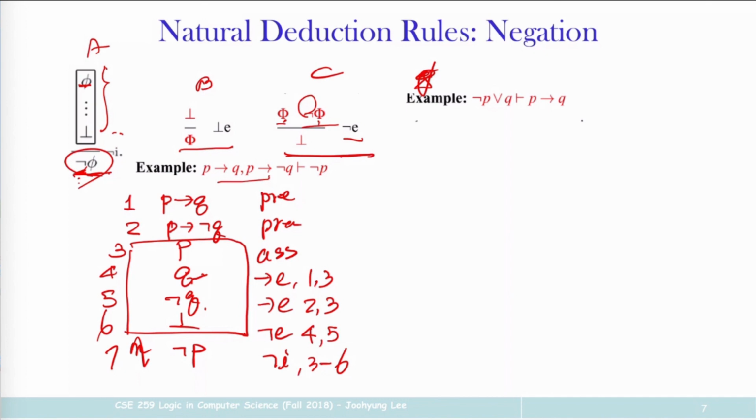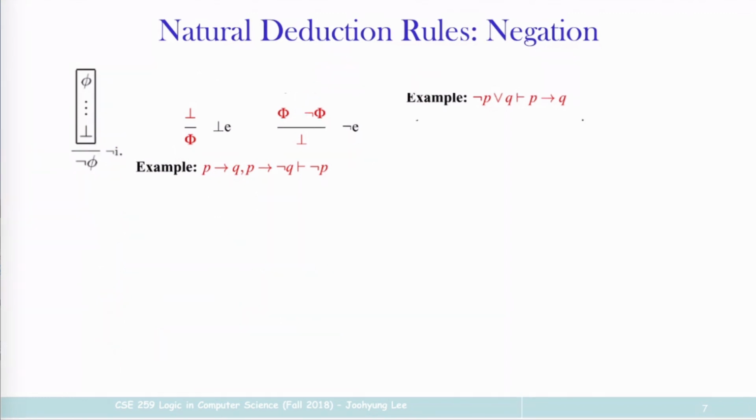This is a very useful fact that not P or Q can derive P implies Q. So in line 1, we have not P or Q, and in line n, we have P implies Q.